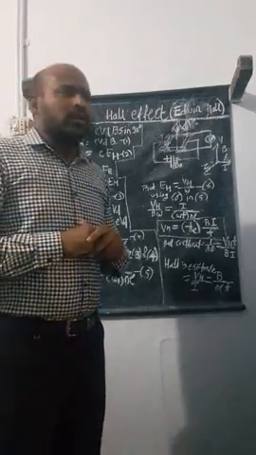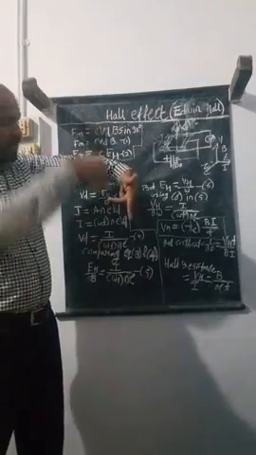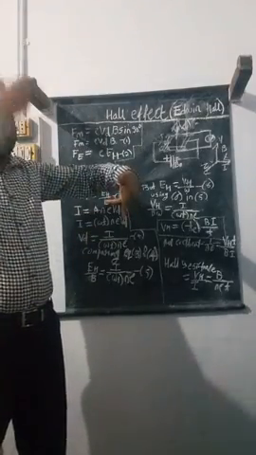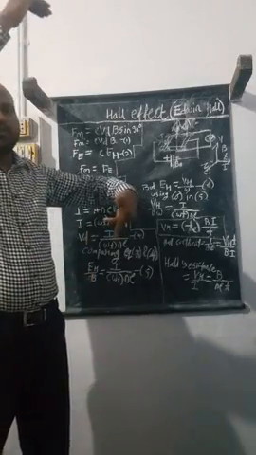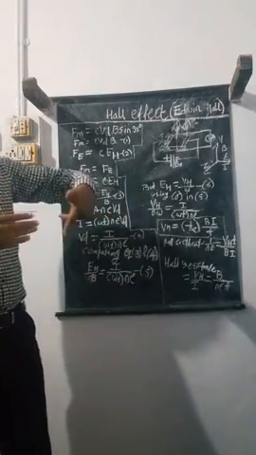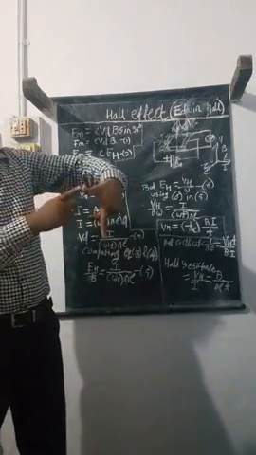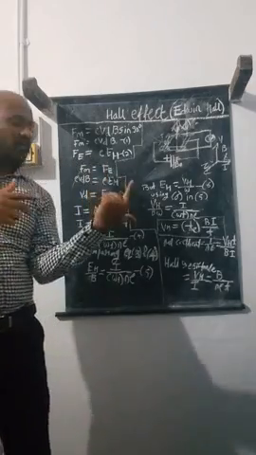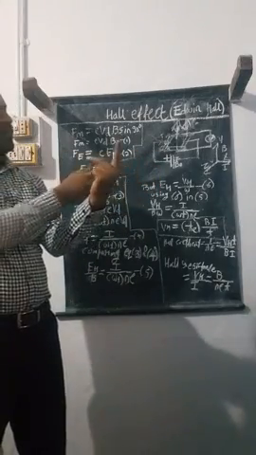Here, according to Stephen's rule, the current is moving in this magnetic field. If you apply the north side here and the south pole here, the magnetic field starts from north to south. So the magnetic field is in this direction, the current is in this direction, and the force will be in this direction.